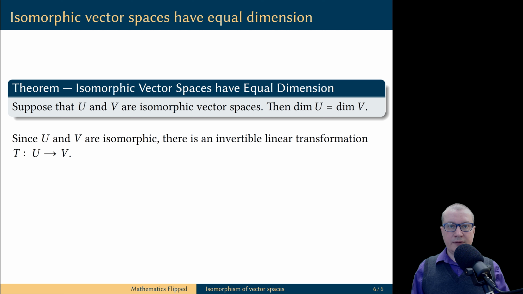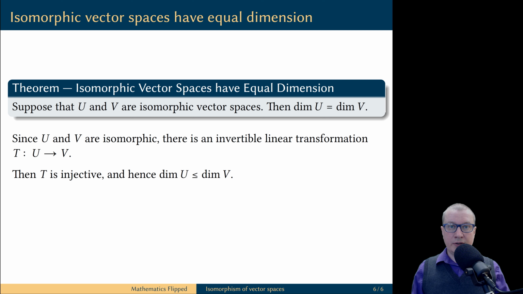Let's assume that the vector spaces U and V are isomorphic. This means there exists an invertible linear transformation T from the vector space U to the vector space V. In a previous video, we proved that to be invertible for a linear transformation is the same as to be injective and surjective.